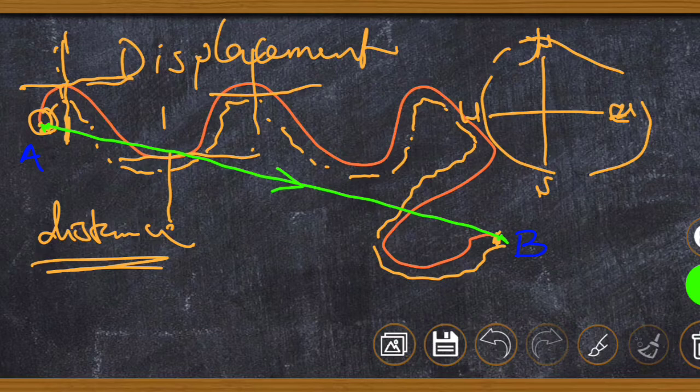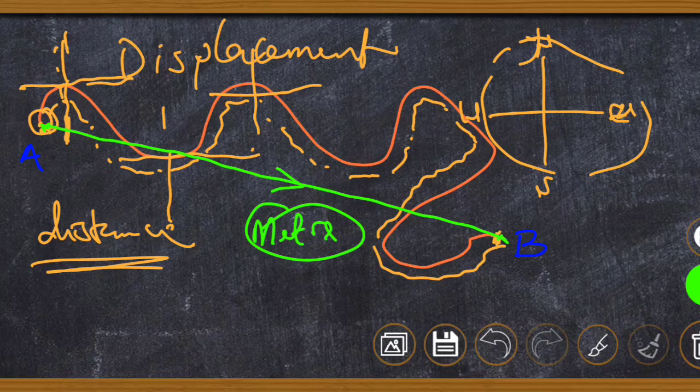Now, note that displacement and distance are both measured in the same unit, meter. But one thing differentiates the two quantities: displacement is a vector quantity. It has a specific direction, while distance does not have a specific direction.